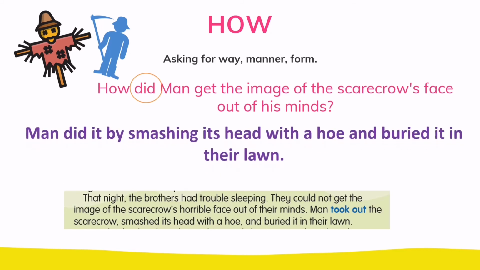Kita tengok contoh jawapan Madam bagi. Man did it. It ni merujuk kepada membawa maksud image of the Scarecrow's face out of his mind. Macam mana dia nak bagi lupa? By smashing its head. Okay, Madam bagi point sikit kat sini lah. Bila ada by, belakang dia, kalau verb kan, kamu kena tambah ing.